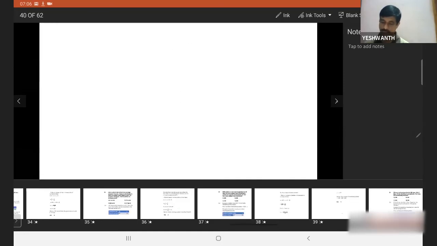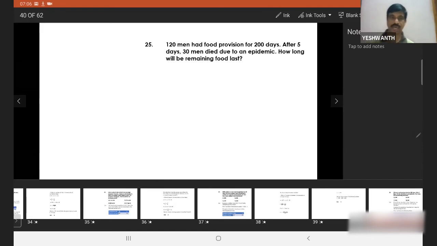Now look at this. 120 men had food provision for 200 days. After 5 days, 30 men died due to an epidemic. How long will the remaining food last? See here, this is a different case. 120 men, food provision was for 200 days, but after 5 days, 30 men died.